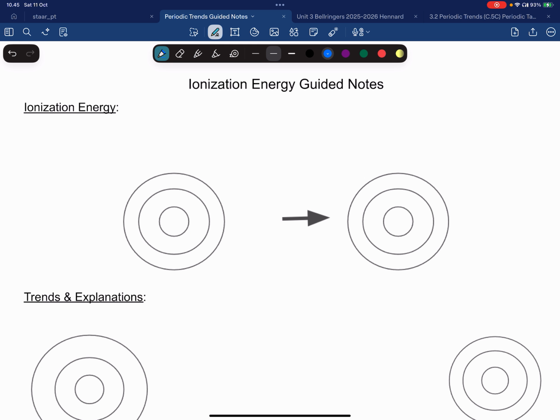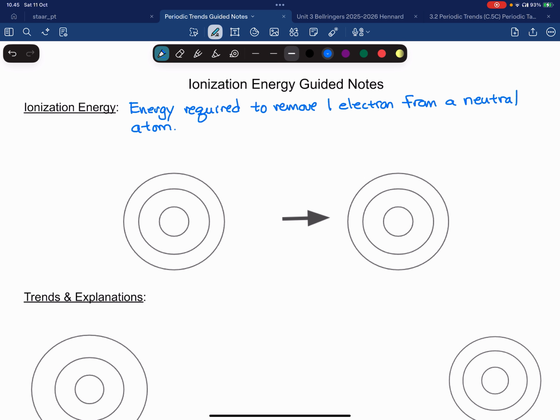Ionization energy is the energy required to remove one electron from a neutral atom. There's a slightly more technical definition, but that will work.